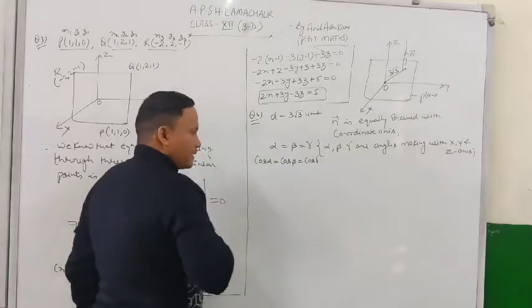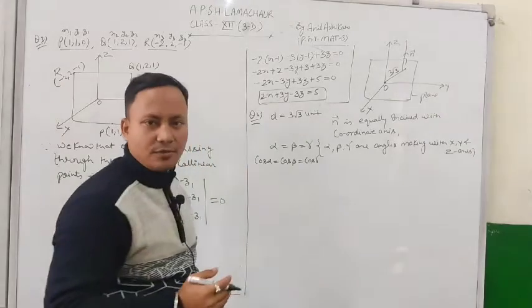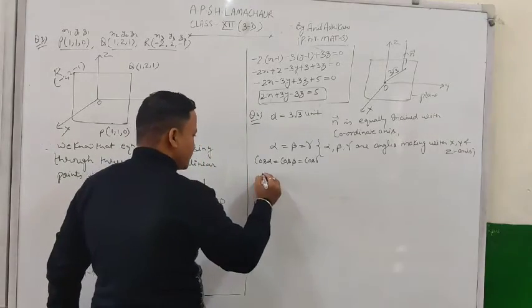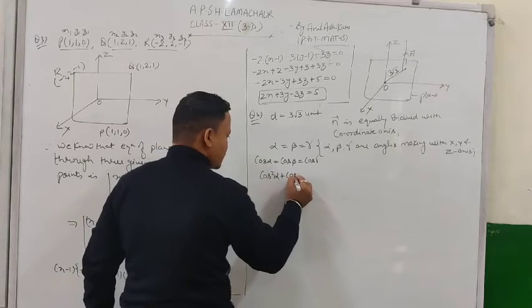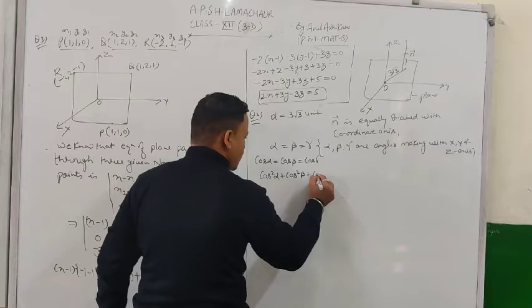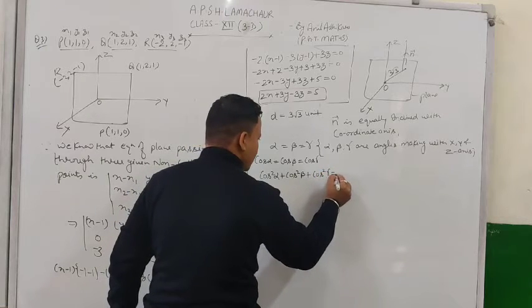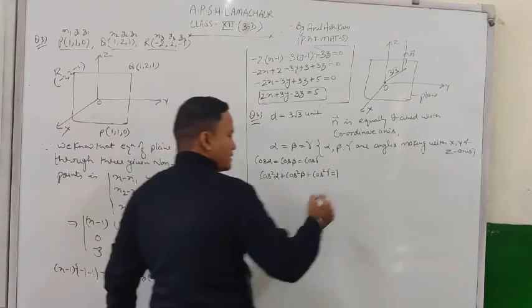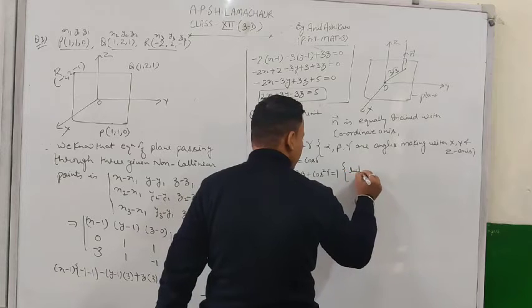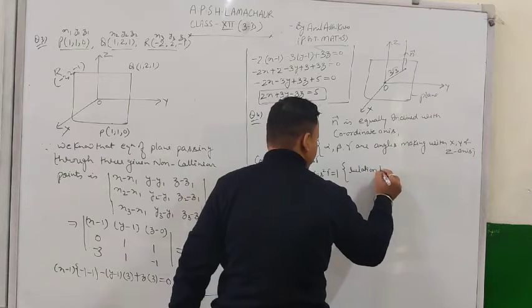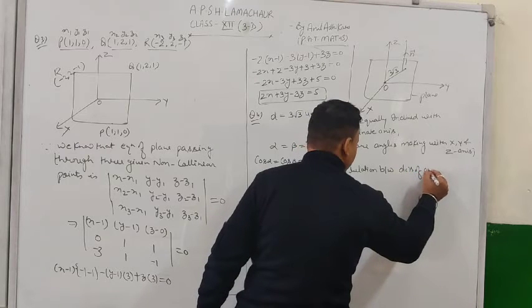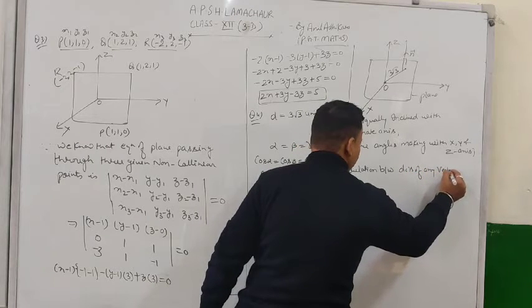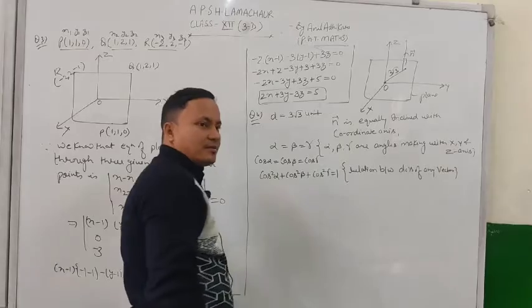And since we know that there is a relation between the direction cosines of any vector, and the relation is cos square alpha plus cos square beta plus cos square gamma is equal to 1. This is the relation between the direction cosines of any vector.